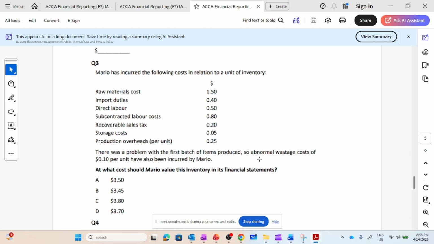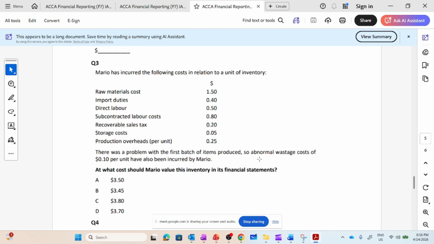It should be included also. Not really, because it's not part of the production cost. Okay. It should be included.